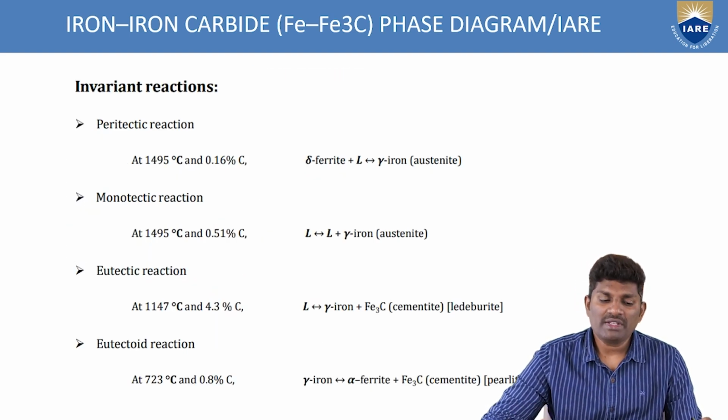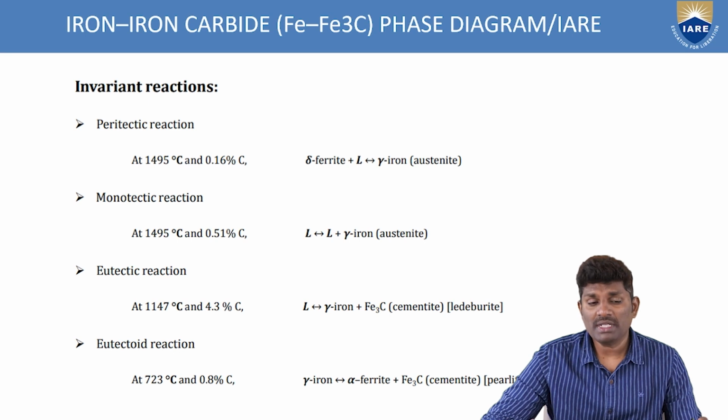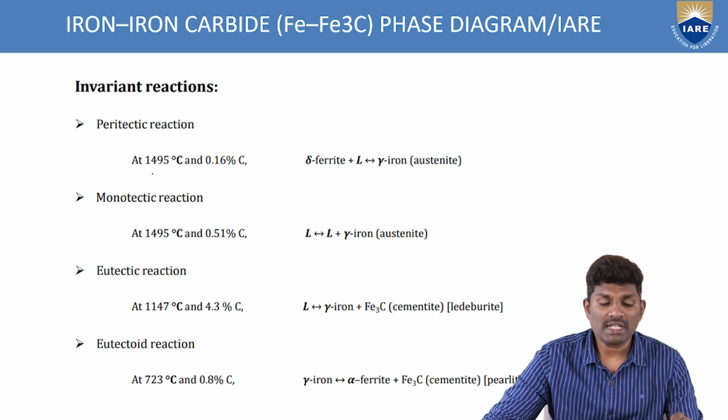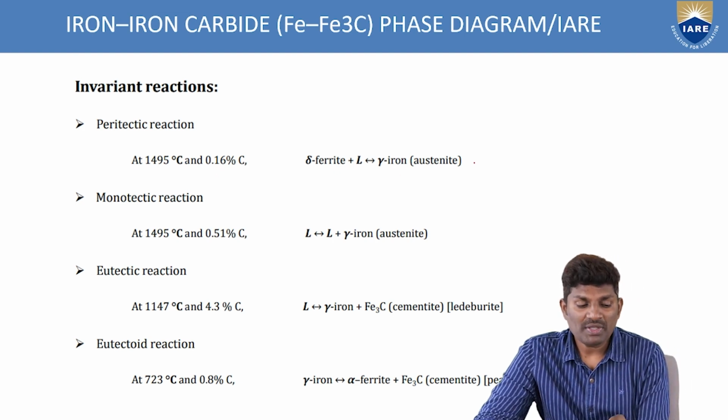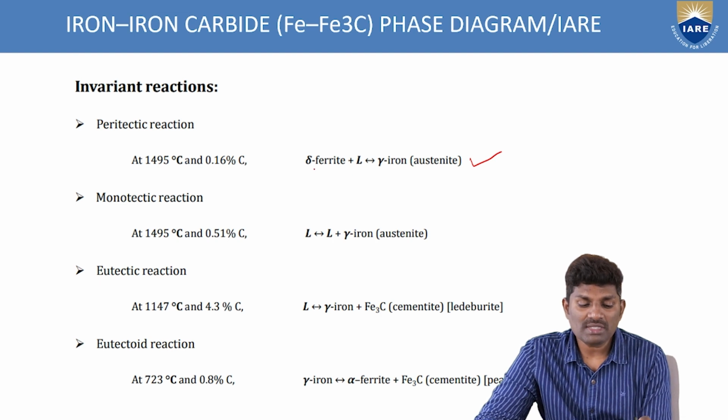So what are the invariant reactions we are observing in the phase diagram? The first one is the peritectic reaction. So what does peritectic reaction mean? At 1495 degrees centigrade, at 0.168 percent carbon, you get austenite. How do we get this austenite?